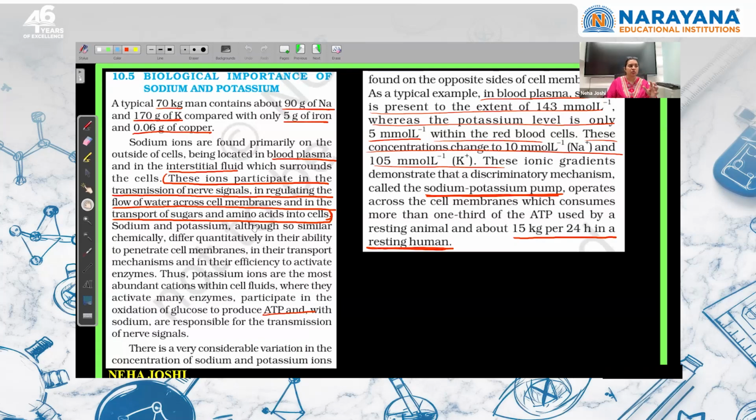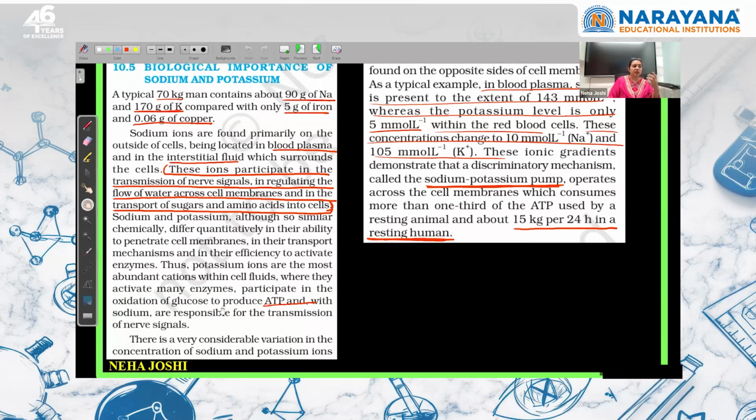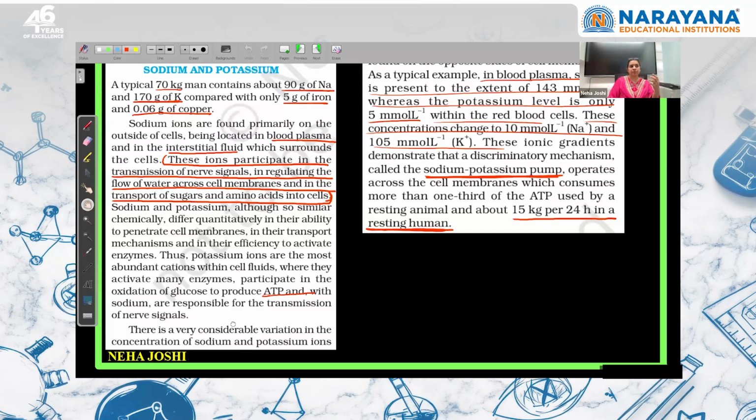Memory loss and such things, sodium has a big role in that. Both of them ultimately are very important in proper working of our nervous systems or nerve signals. Both have importance. There is a very considerable role for them to play.